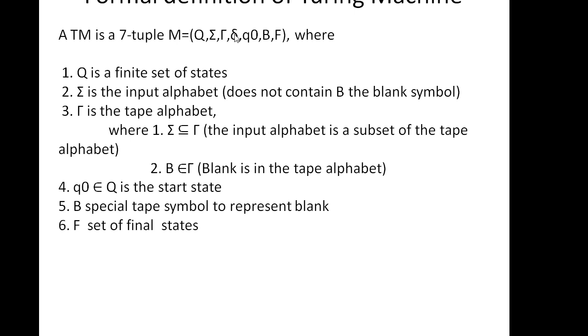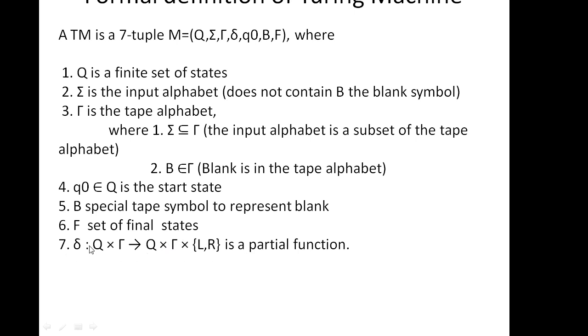And finally, this transition is what changes from machine to machine, right? For FA and DFA, the transition was different. For PDA, it was different. And for the Turing machine, for every state on every tape alphabet, you move to a certain state. You can change the alphabet, or you can keep the same alphabet, and either move left or move right.